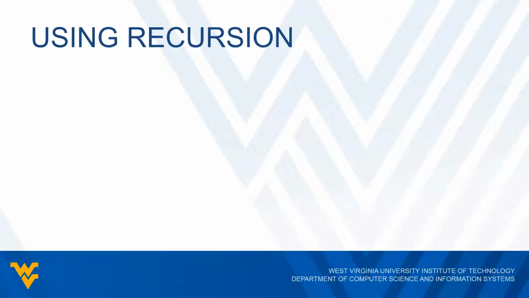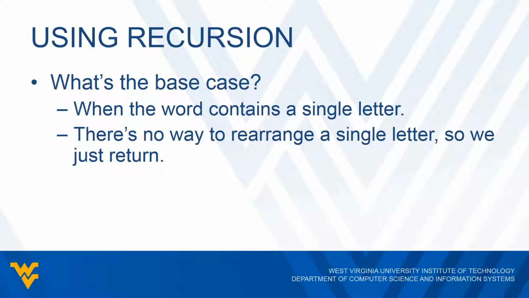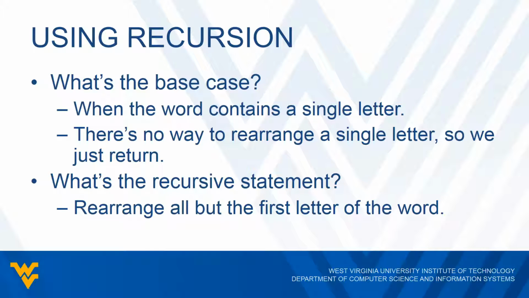With that said, what is our base case? Well, here it's going to be that the word contains a single letter. So once we have a one-letter word, there is just no way to rearrange a single letter. So we would just return. All right, so then what's the recursive statement? Well, what we're going to do is we'll rearrange all but the first letter of the word.